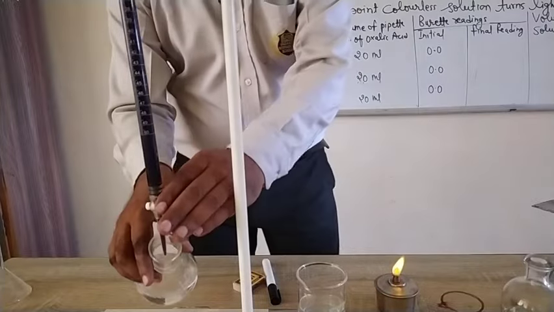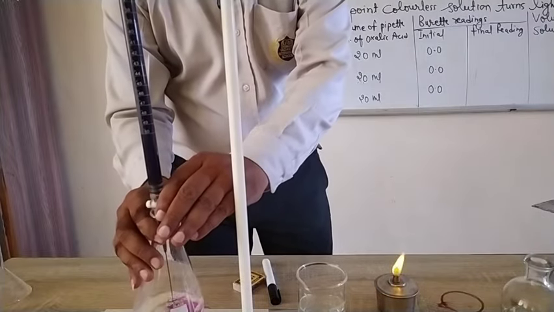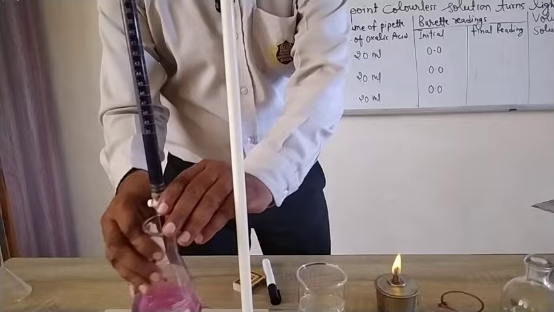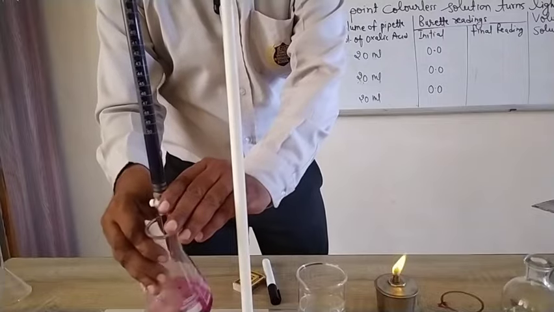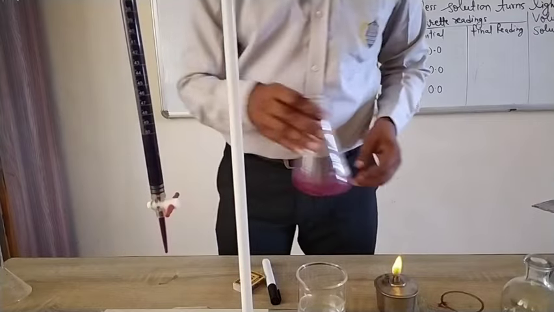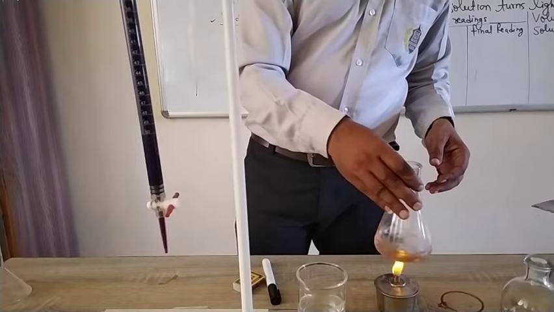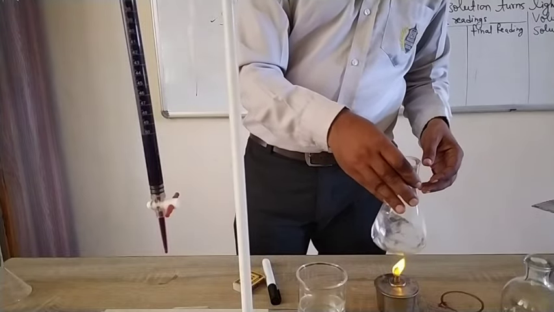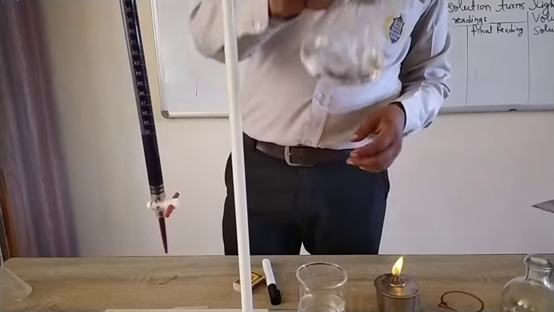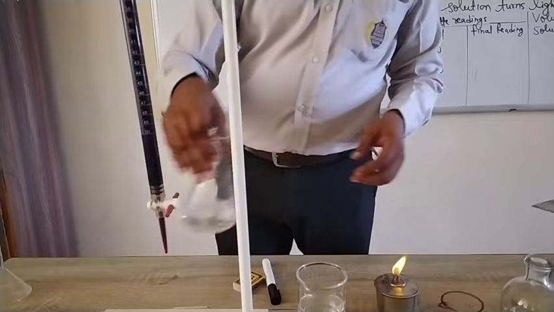Okay, so let's do it drop by drop. Now the color will disappear. When the disappearance of the color stops, it will be the end point. Now you can see that the color has disappeared.